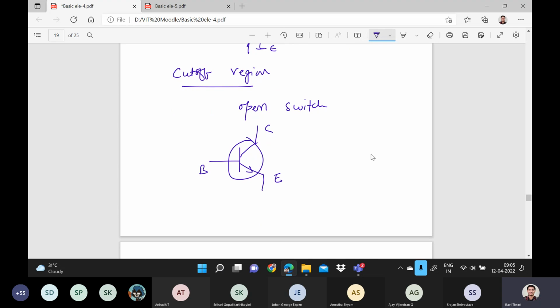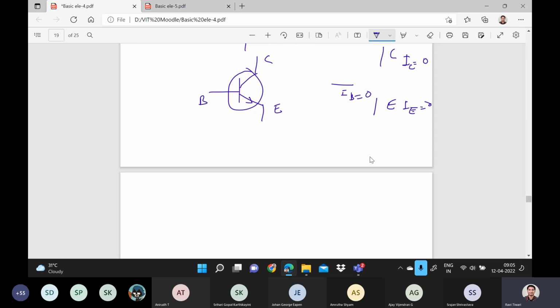That means you can draw like this, and in between collector and emitter, we don't have any connection. So IC is equal to 0, IE is equal to 0, and even IB is equal to 0. So in the cutoff region, all the currents will be 0. So you can write down that the collector current is equal to the emitter current is equal to IB is equal to 0.